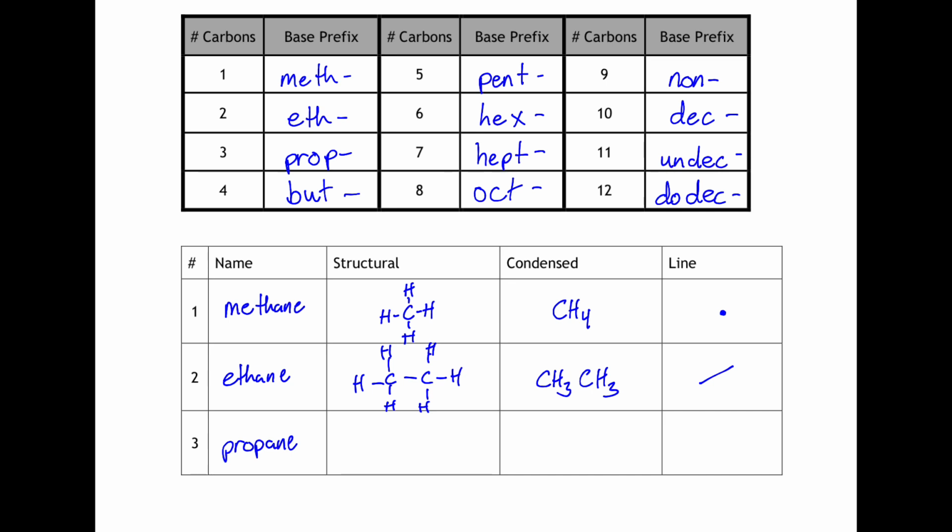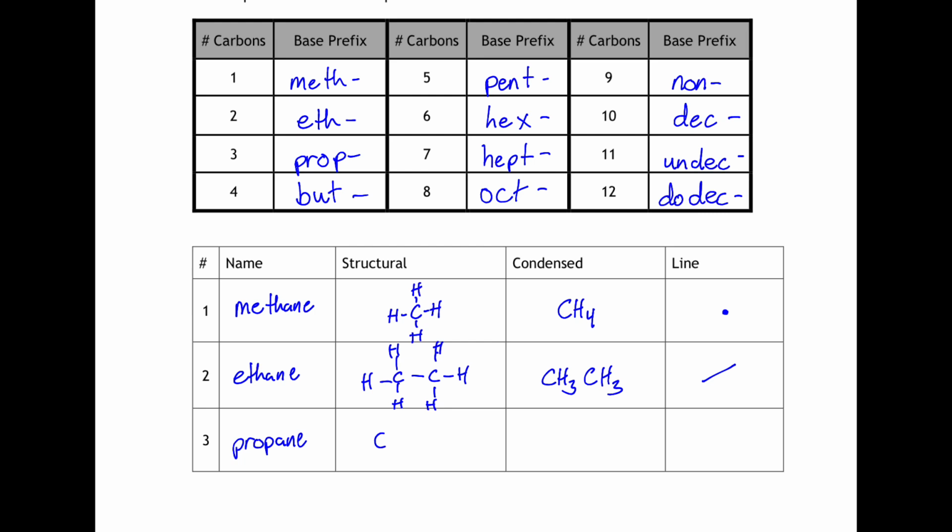Propane has 3 carbons stuck together. 1, 2, 3. Lots of lines everywhere. H, H, H, H, H, H, H, H. Getting really tired of H's, in so many ways that a lot of the structural diagrams will show you just a line up and skip the H part, and we just assume that the end is an H because it's normally an H, and if it's not an H, we'll tell you.